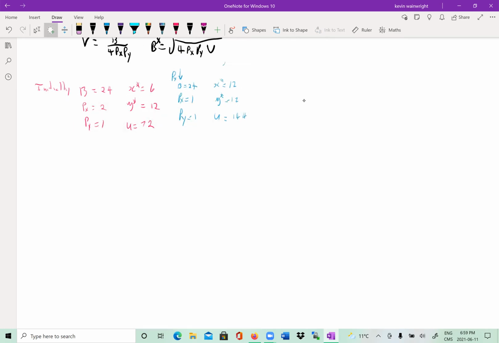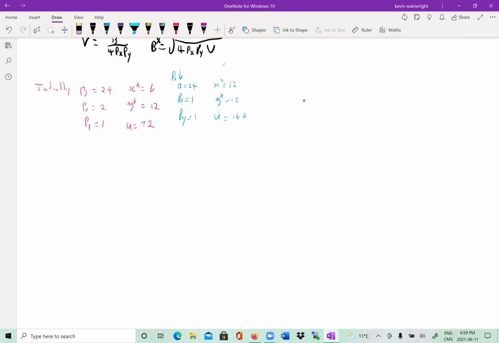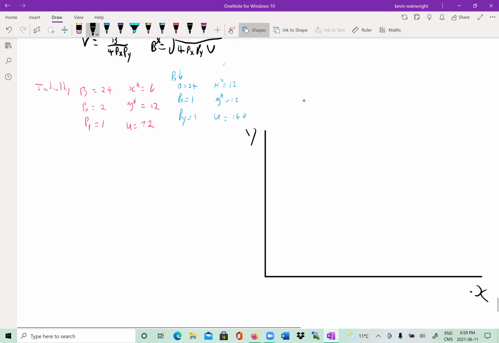There we go. Okay, so we start off looking at our X and our Y. And our initial budget line looks like this. 24 divided by 1 is 24. 24 divided by 2 is 12.